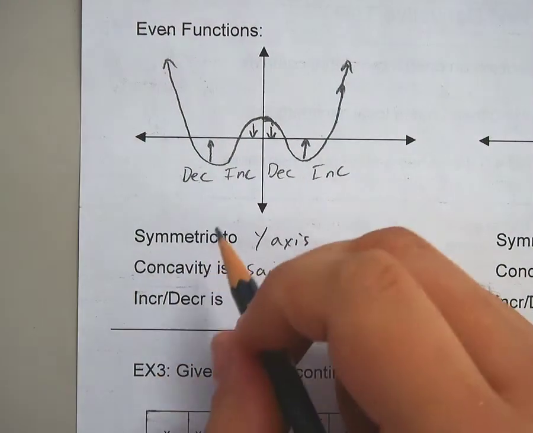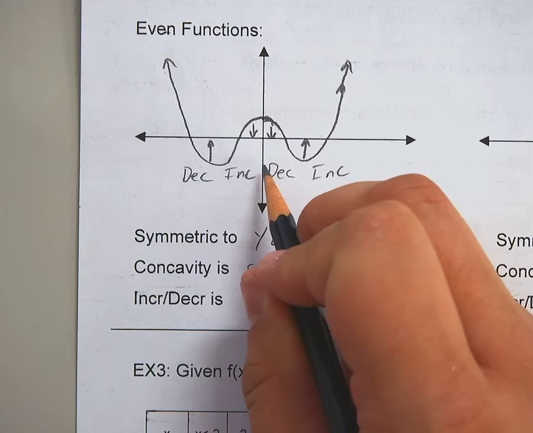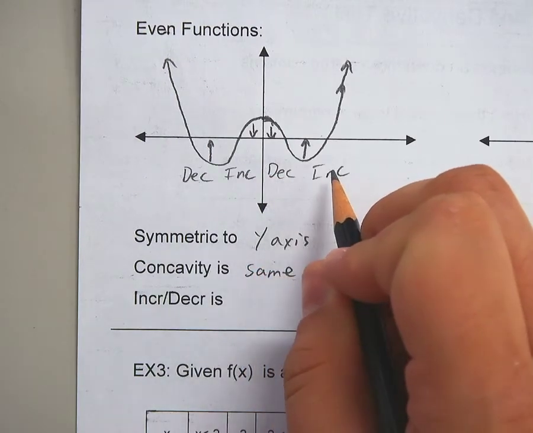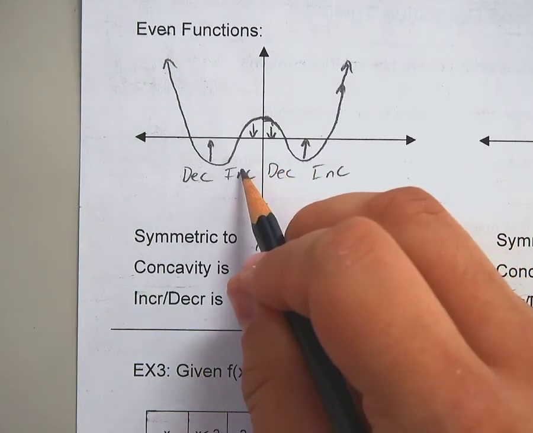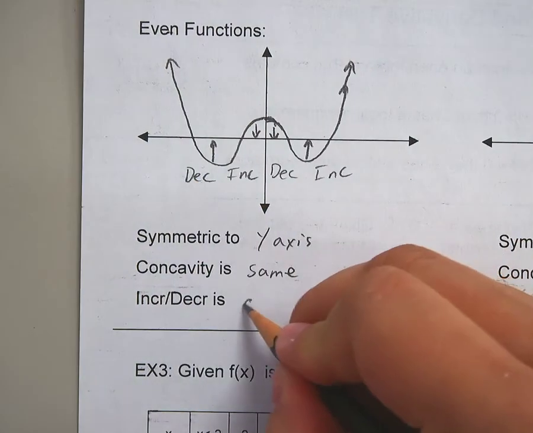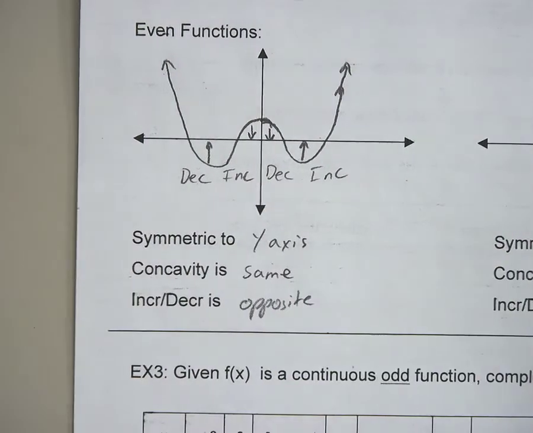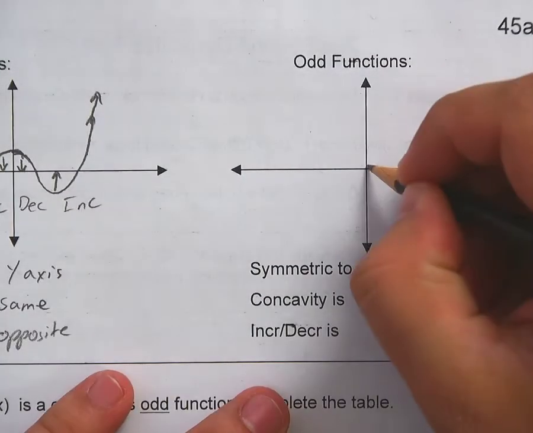So your increasing is going to be opposites when you're talking about the right and the left. Starting from 0, you start with decreasing to the right, then go to increasing. Starting at 0, going to the left, you start increasing, then you get to your decreasing bit. So these are opposites. And you're going to see where this is going to be useful here in just a second. Odd functions look something like this.